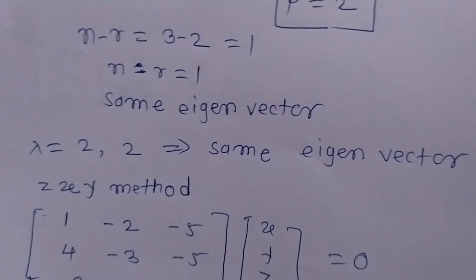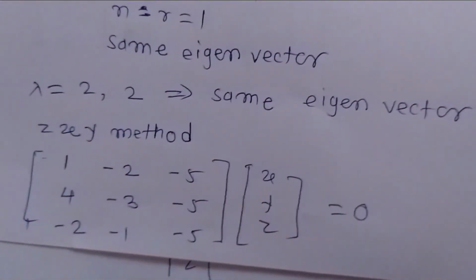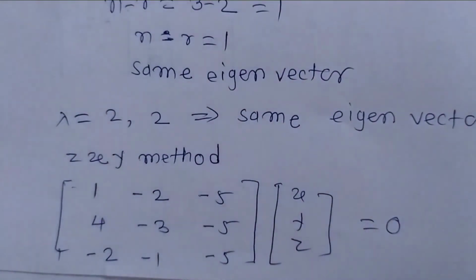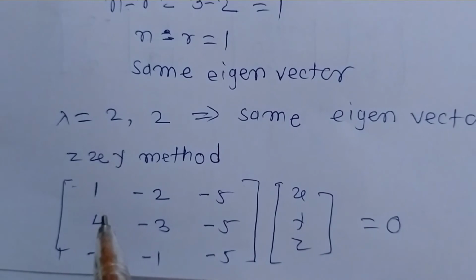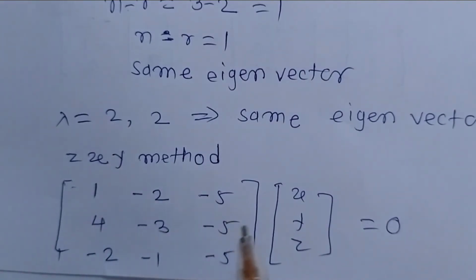So when we put this value of lambda, then we will get the matrix 1 minus 2 minus 5, 4 minus 3 minus 5, minus 2 minus 1 minus 5, times x y z, is equal to 0.